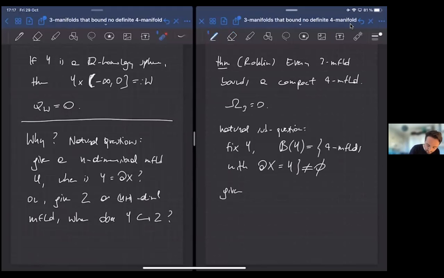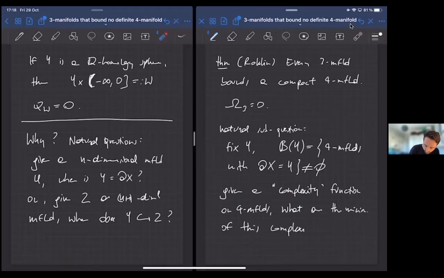So given a complexity function on B of Y, or rather on four manifolds, what are the minimizers of this complexity within B of Y?